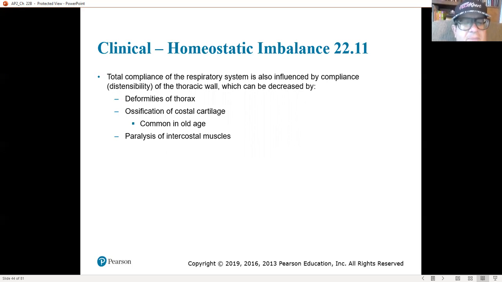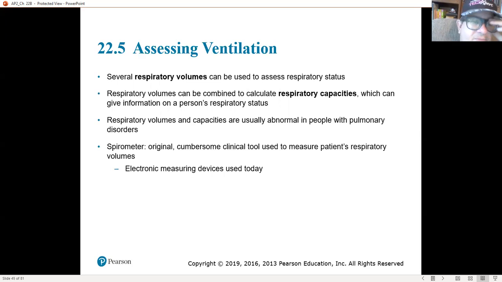This can be affected by ossification of costal cartilage. As you get older, the cartilage starts to pick up a lot of calcium, then it doesn't flex as easily. You could also have deformities of the thorax. You could also have paralysis of the intercostal muscles, like from damage from an accident or something.